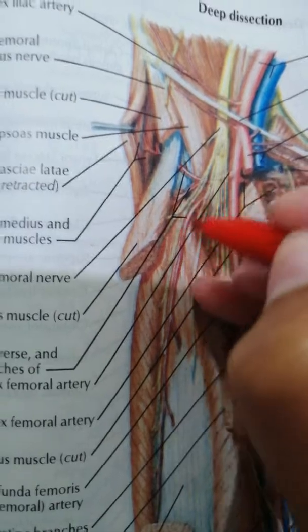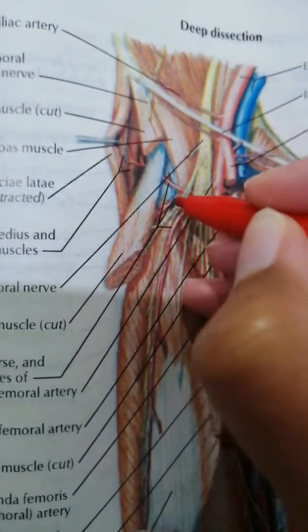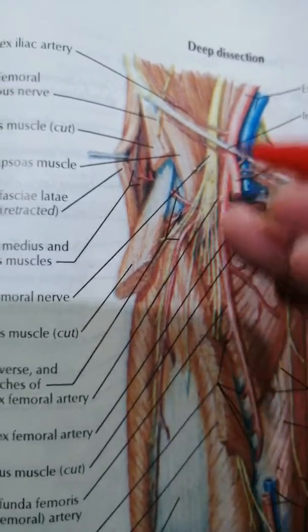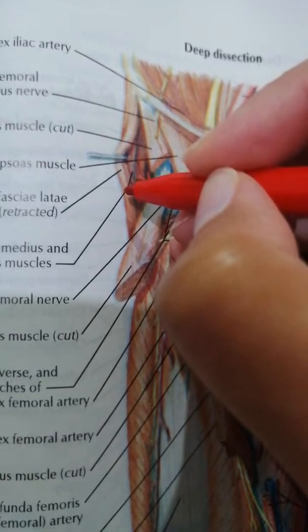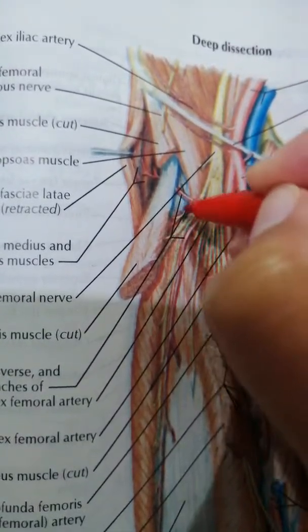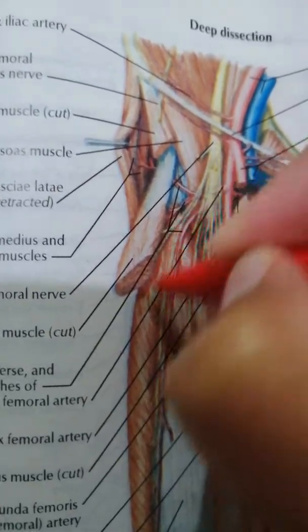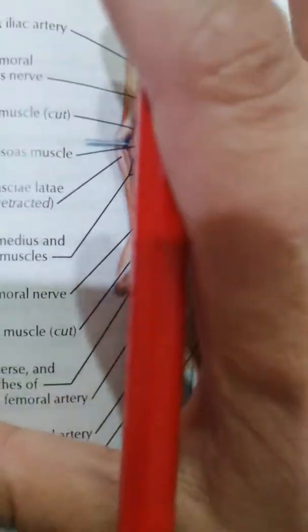And this anastomosis is just below the neck of the femur. Trochanteric anastomosis, hip joint, supply to the greater trochanter. Cruciate anastomosis, and that too on the back of the thigh after piercing the vastus lateralis muscle. Hopefully all of this is clear.